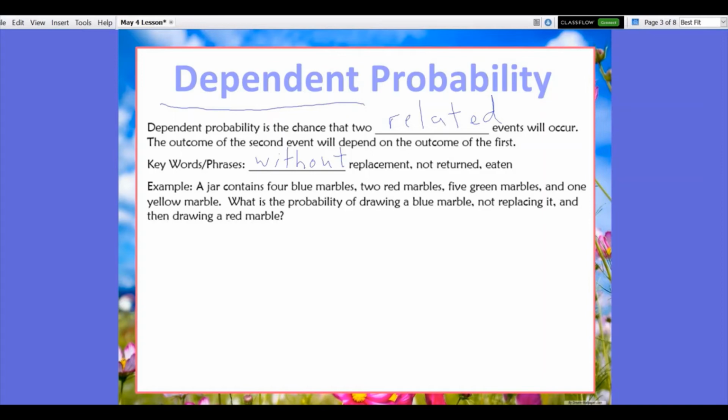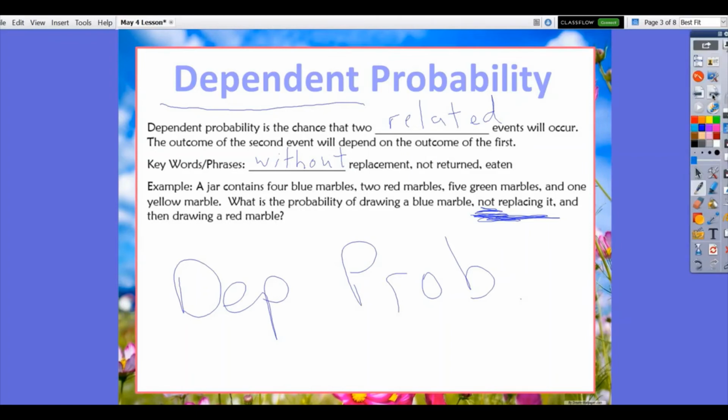So that means that it is dependent. So an example of that would be a jar contains 4 blue marbles, 2 red marbles, 5 green marbles, and 1 yellow marble. What is the probability of drawing a blue marble, not replacing it, not putting it back, and then drawing a red marble? So if you don't put that marble back, things have changed from where you started. So that means that would be a dependent probability problem.